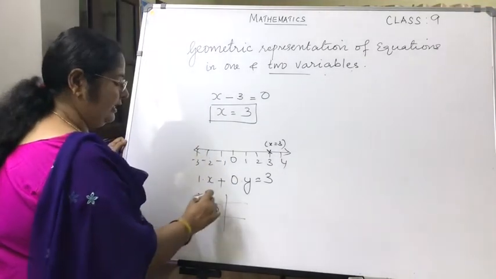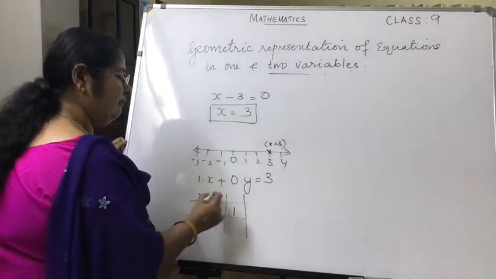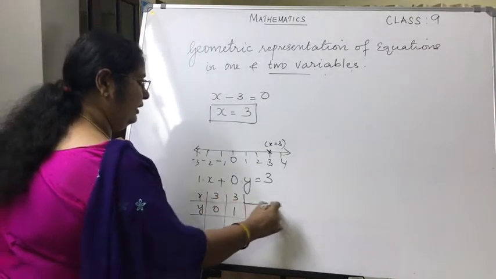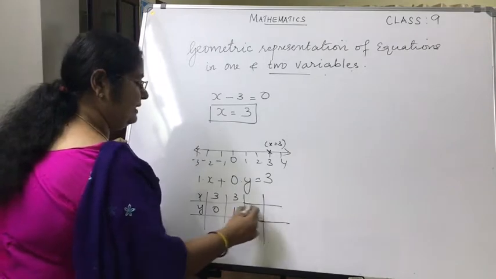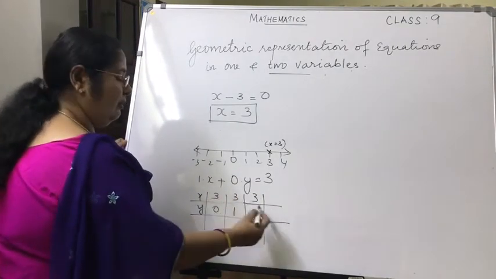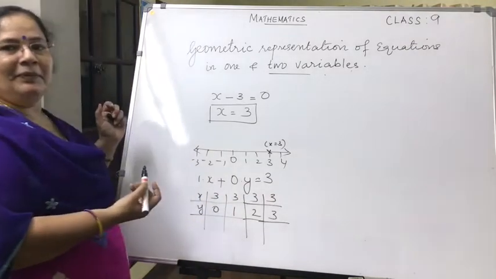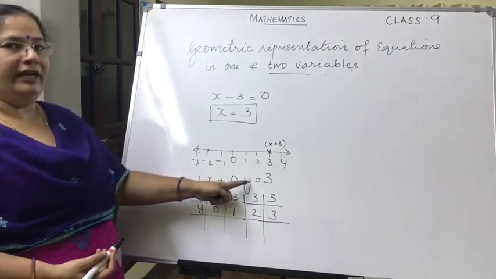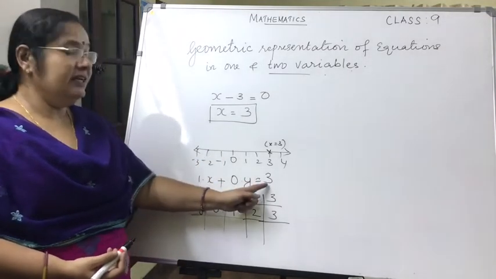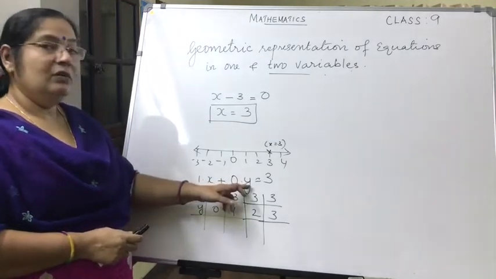What will be the value of x? x is 3. If you take the value of y as 1, the value of x is 3. You take the value of y as, say, 2. What is the value of x? 3. If you take the value of y as 3, what is the value of x? 3. Whatever be the value of y, x will have the same value. Why? Because y into 0.